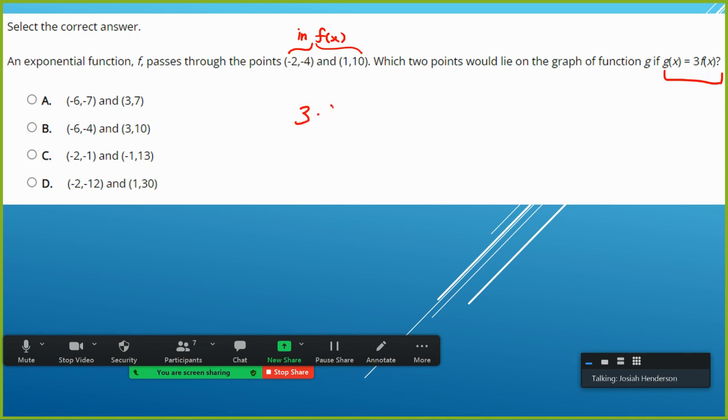So here's the transformation they're giving us: 3 times f of x. Think of that as 3 times all the original points. The 3 times is outside the parentheses, obviously outside the f and the x parentheses. So that means it's a vertical stretch.